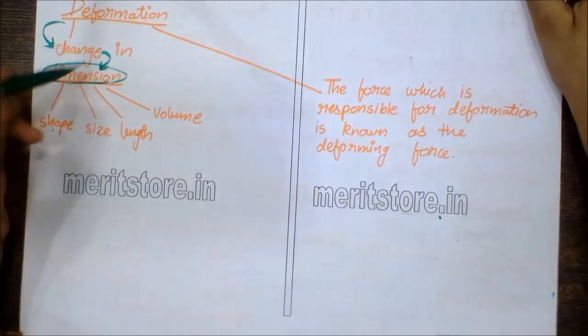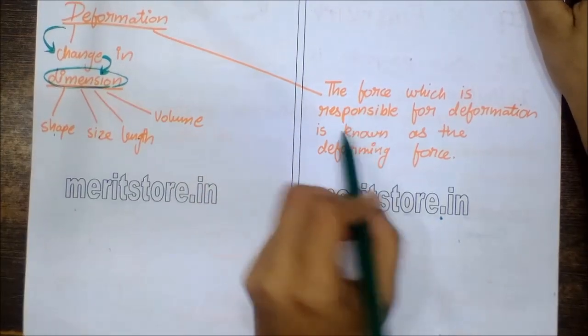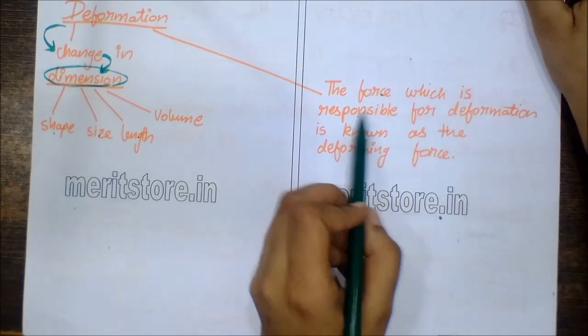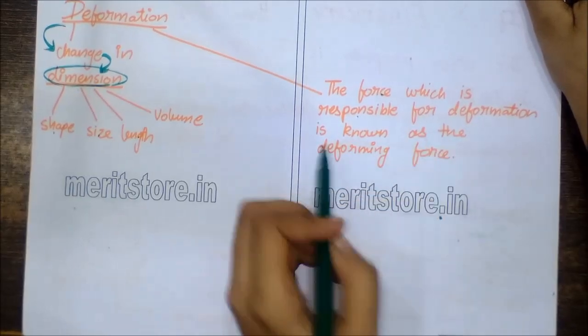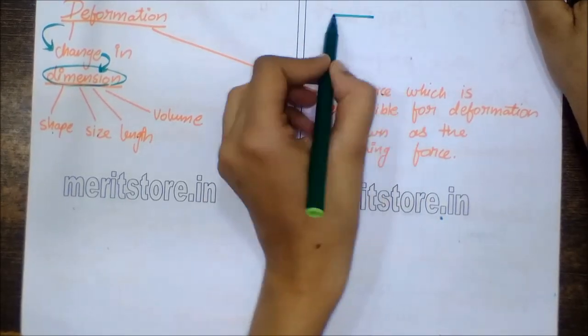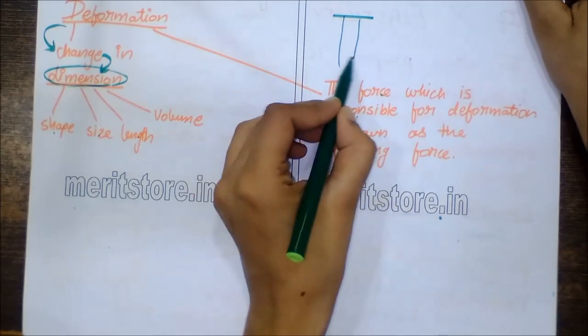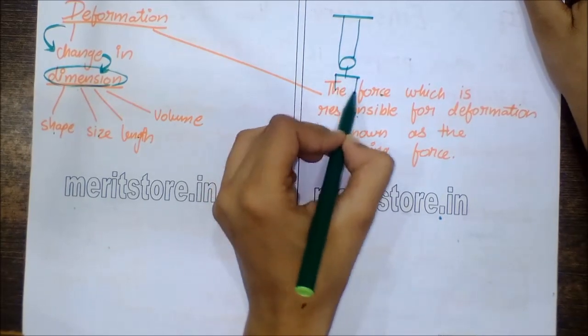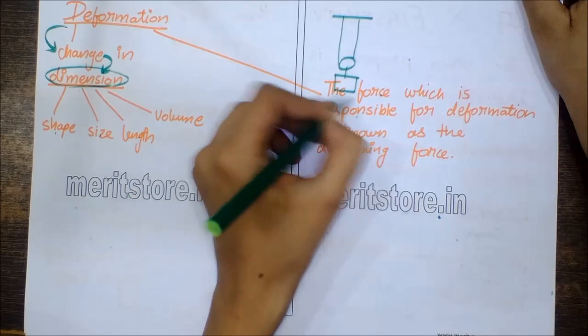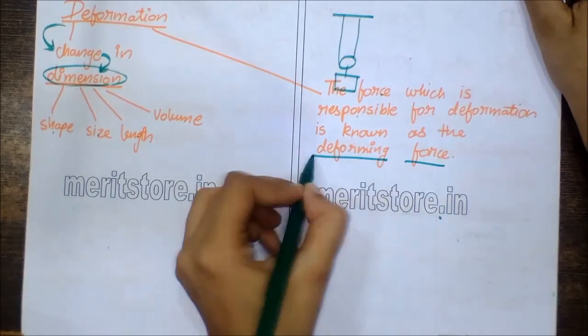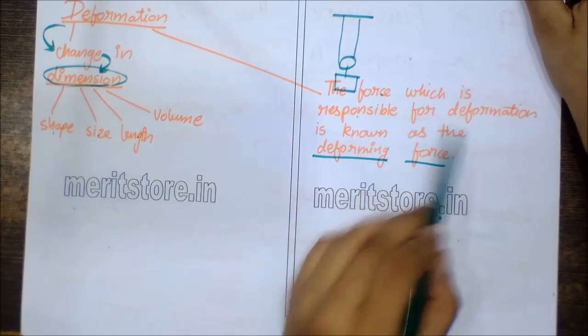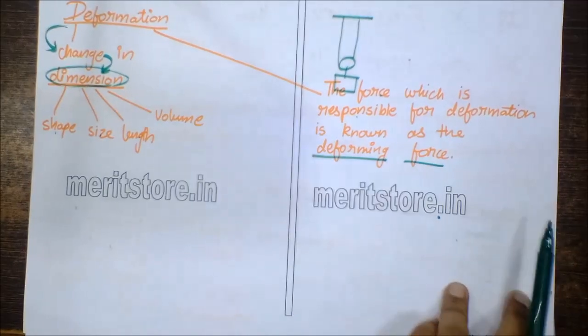Deformation basically means change in dimensions. Now the force which is responsible for deformation is known as the deforming force. I taught you this for the rod. This is my rod and this is my block. So now this block is my deforming force. The force which is responsible for deformation is known as the deforming force.